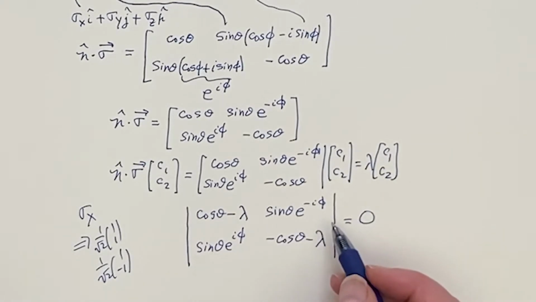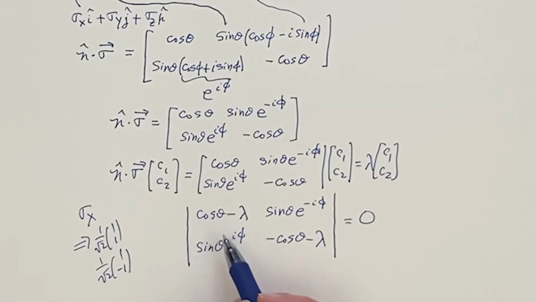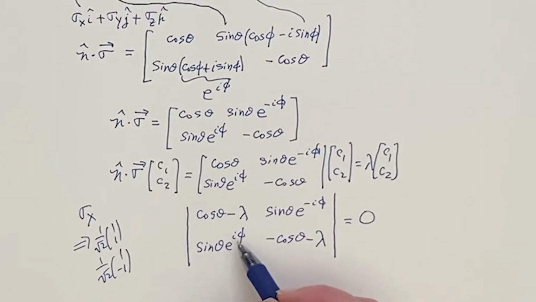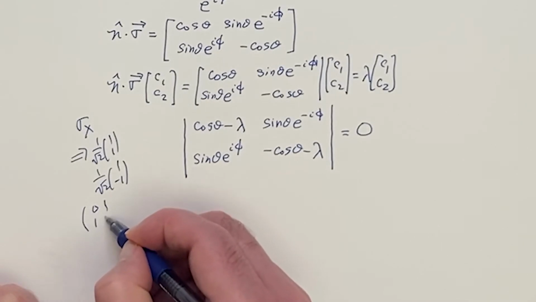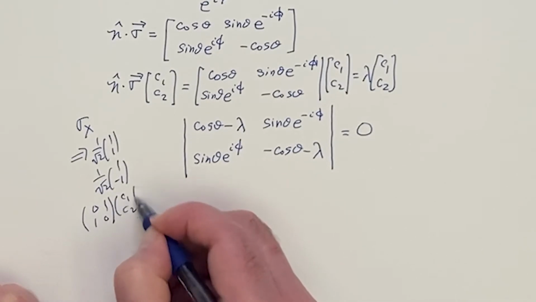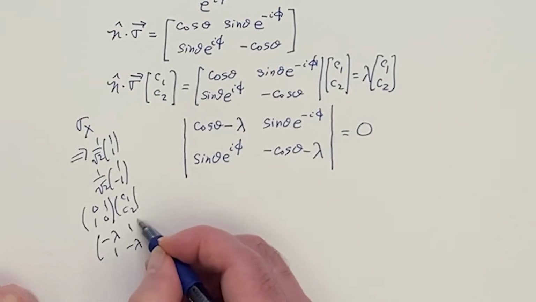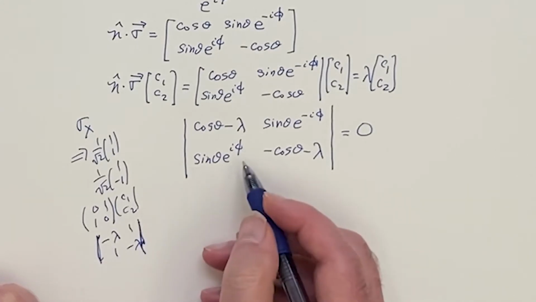So that's just like we did before when we were doing the case with sigma x. We had a 0 here. We had here then a 1 up there and a 1 there. So when we did that case, we had this situation like that, then we had a minus lambda, 1, 1, minus lambda. Remember, we did that one earlier.